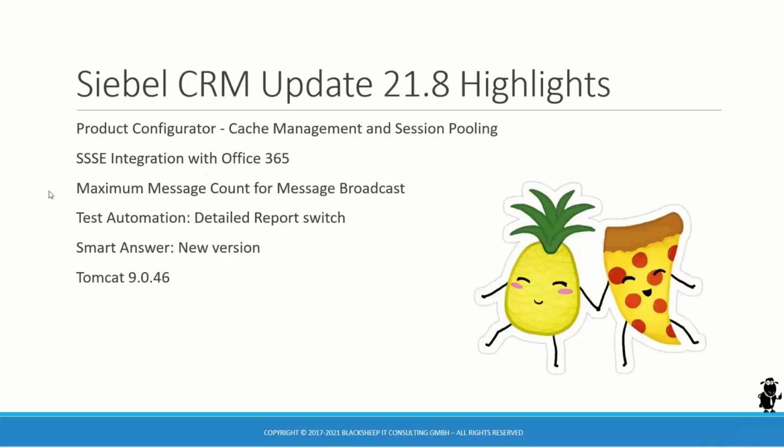I found something along message broadcasting, and test automation got an update. The smart answer popped up in the installer, that was interesting too. And the new Tomcat version is laid down: when you apply 21.8, you get Tomcat 9.0.46.